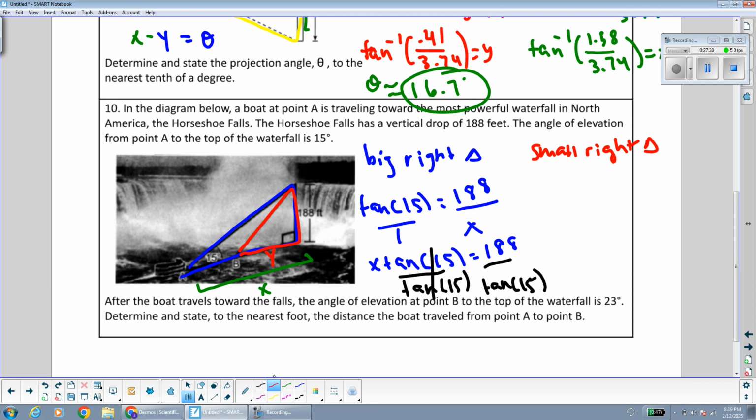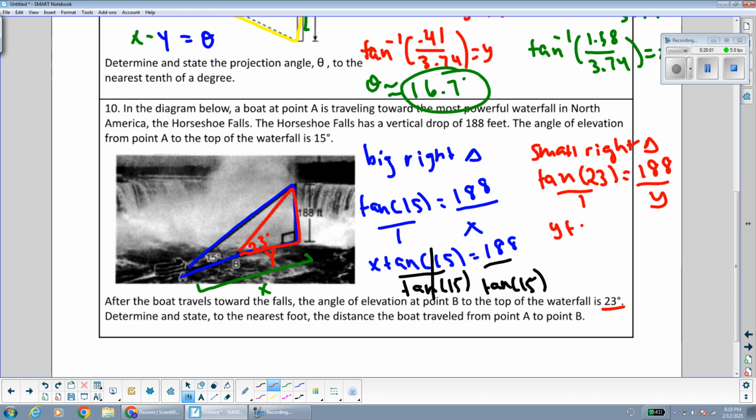Now for the small right triangle, tangent. It says the angle of elevation at point B to the top of the waterfall is 23 degrees, so tangent of 23 equals 188 over y.